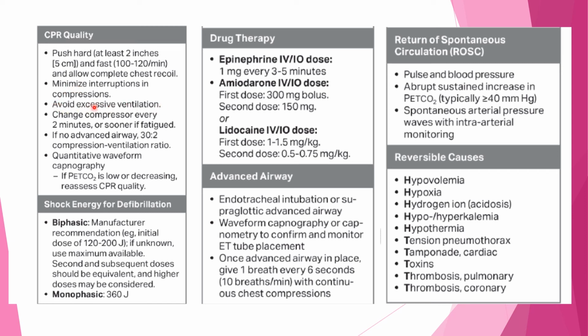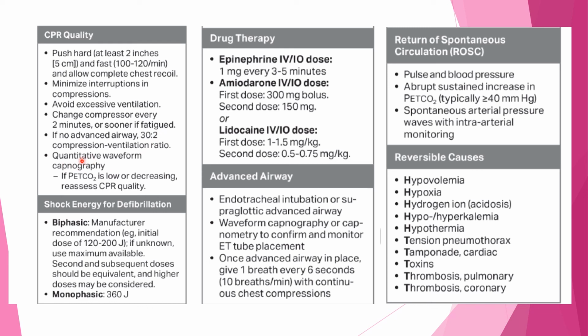Very, very important. As I said, I will not talk today about high quality CPR and why all these things. Maybe another lecture. Change the compressor every 2 minutes or sooner if fatigued. If no advanced airway, you will give 30 compressions to a breath. The ratio will be 30 to 2. 30 compressions to ventilation.